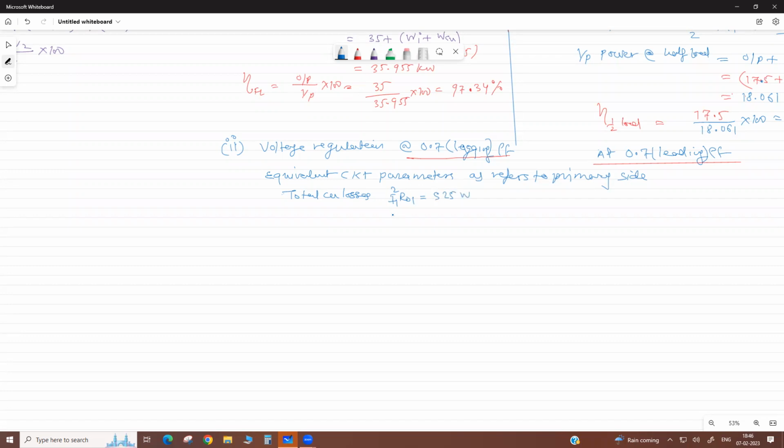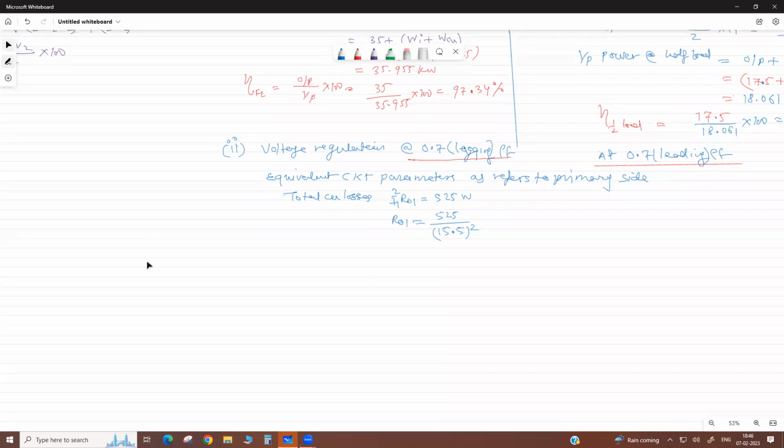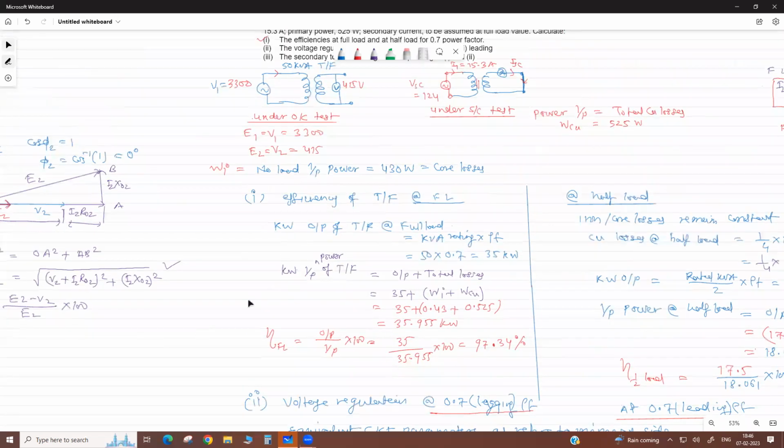Therefore, R01 we can write as 525 divided by I1 squared, I1 meaning 15.5 current. What is the current under short circuit?